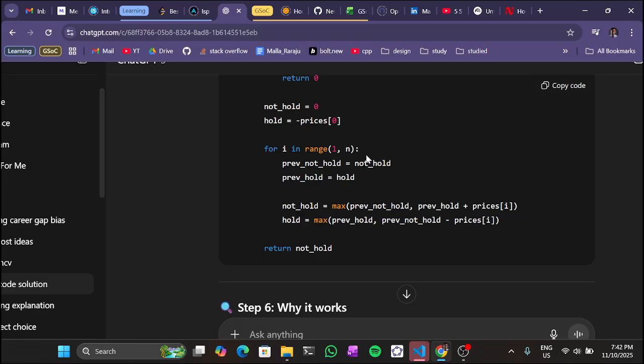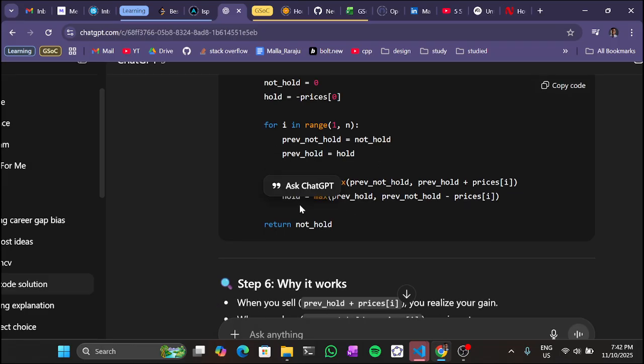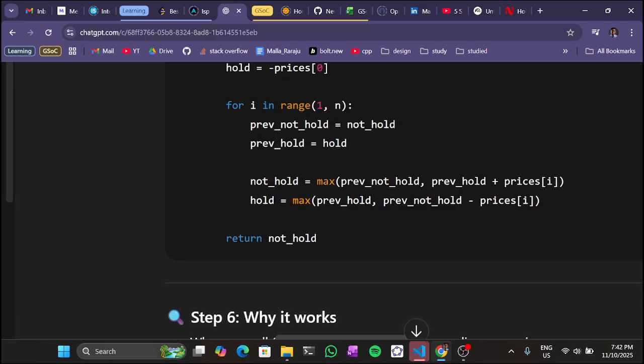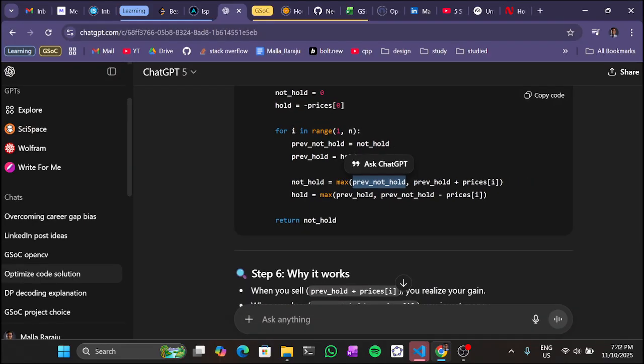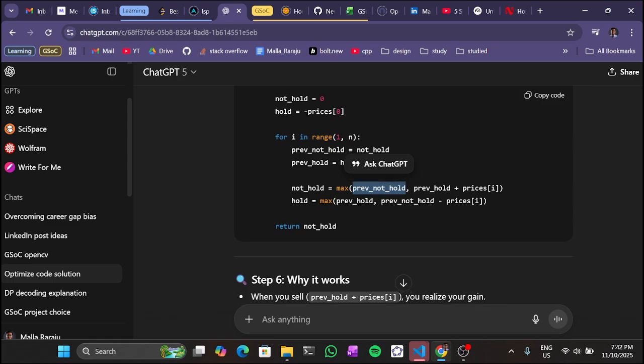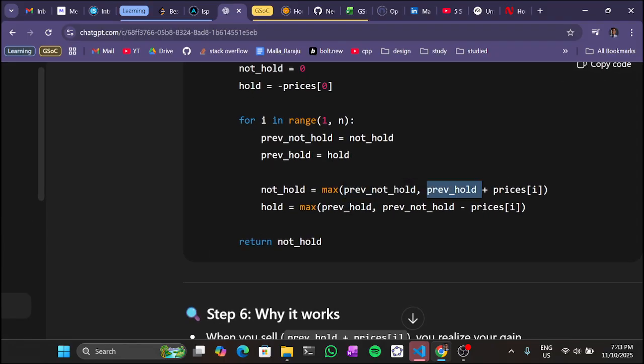So what we are doing here is, if you are not holding any, or if you are holding, plus prices of i.